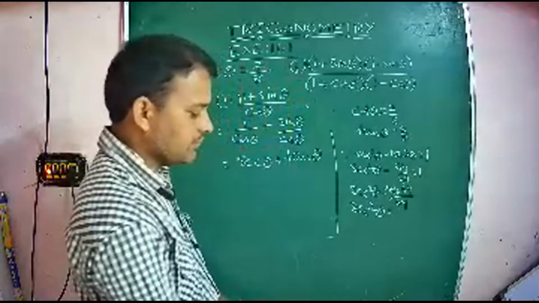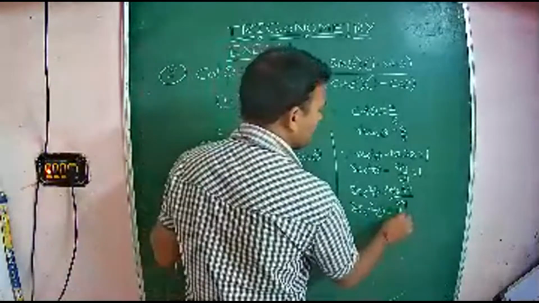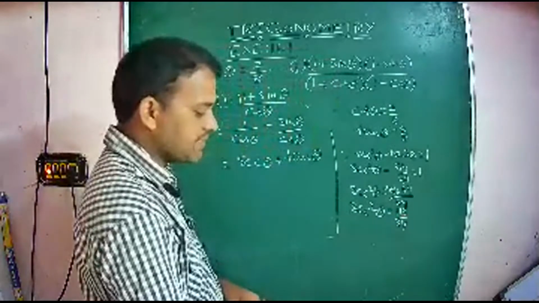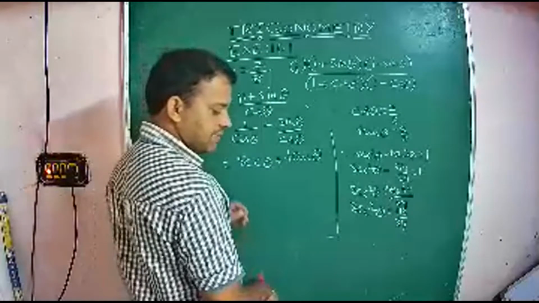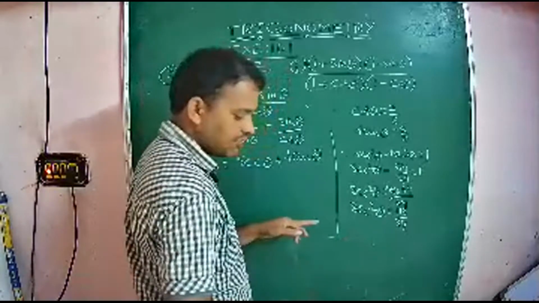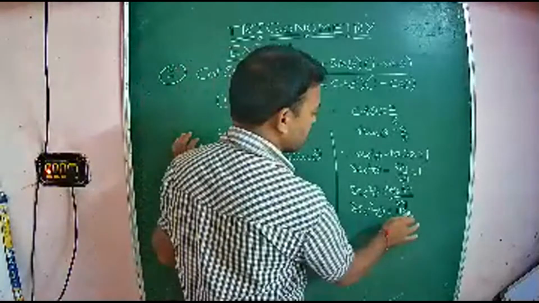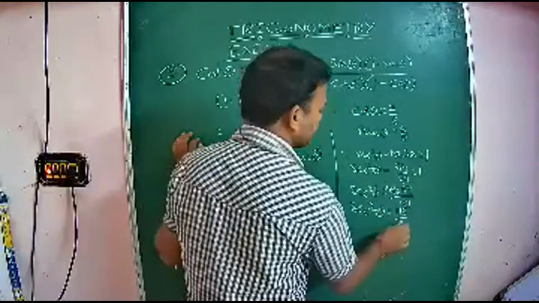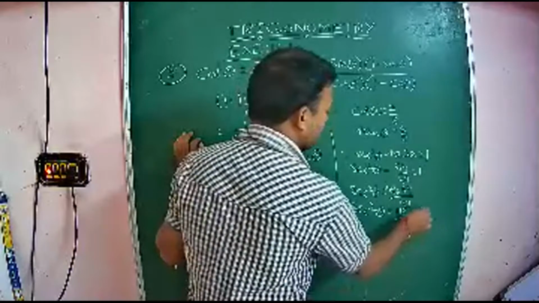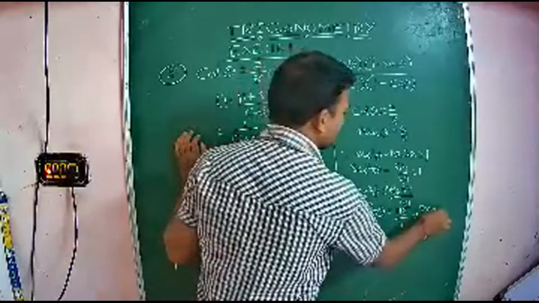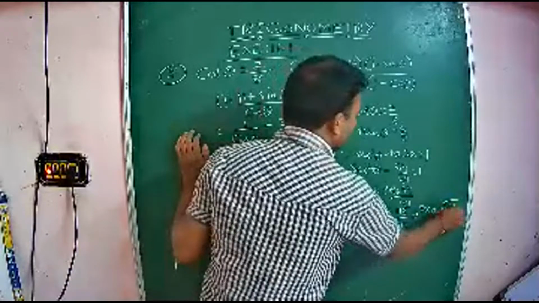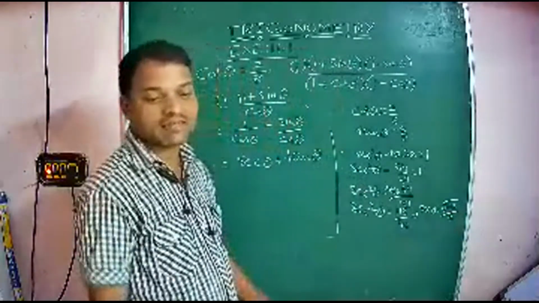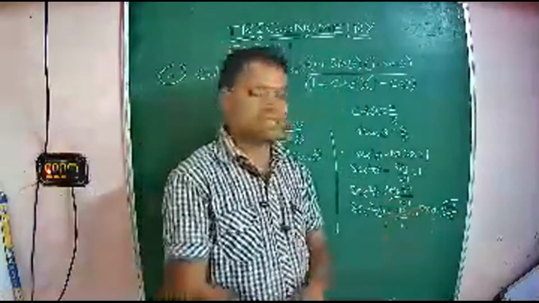How much will come? It is 113 by 49. So that implies secant theta is equal to square root of 113 by root of 49, and root of 49 is nothing but 7.